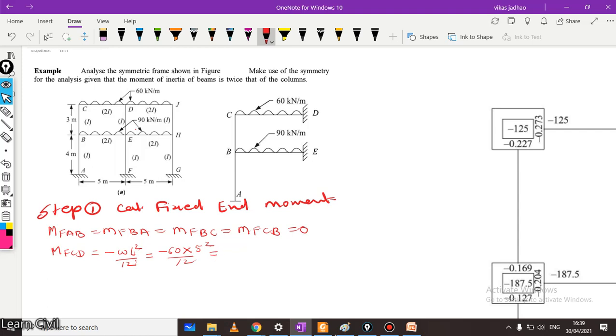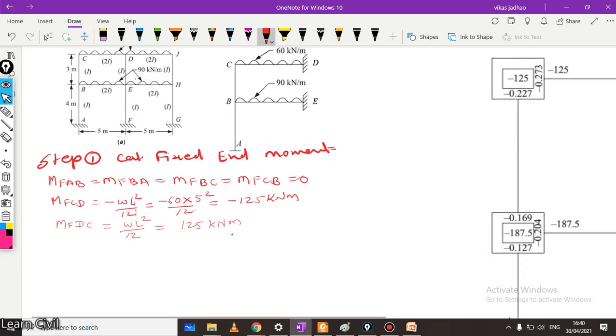So this will be equal to minus 125 kilonewton meter. Similarly, MFDC will be equal to WL square divided by 12, so this is equal to plus 125 kilonewton meter.